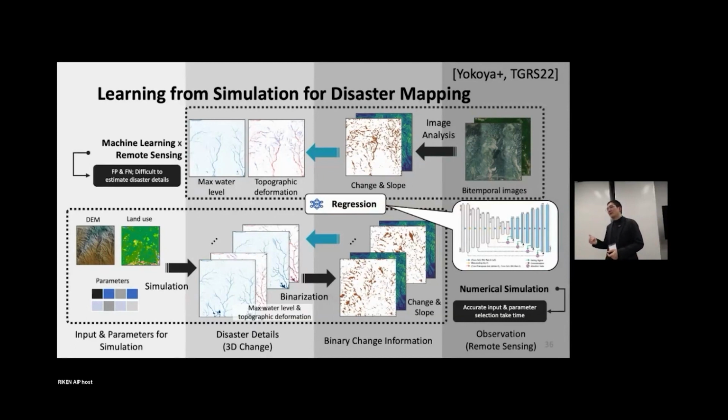But debris flow is quite challenging, and depending on the topography and also what kind of soil exists under the ground also affects what kind of debris flow happens. We tested with many different areas, with separate training areas and test regions, and flood inundation depth estimation works, but debris flow mapping doesn't work.